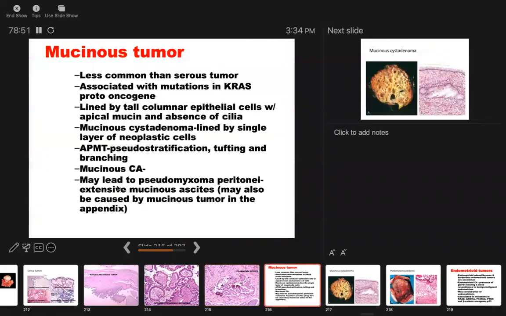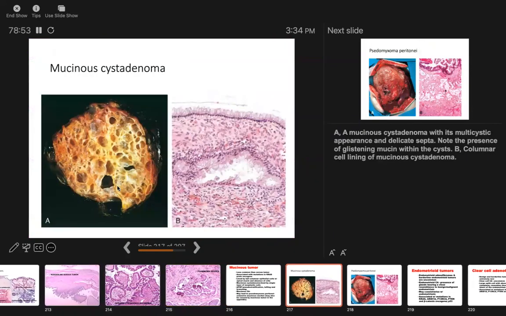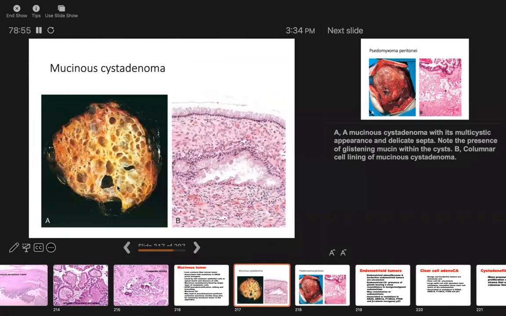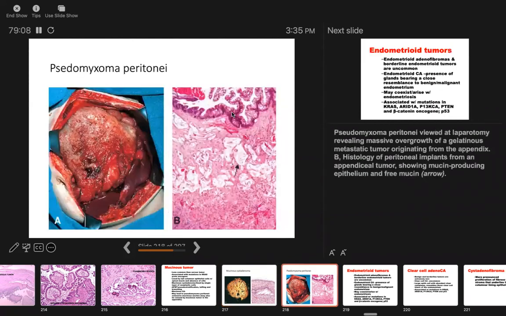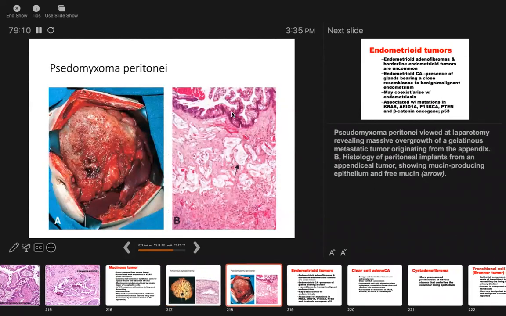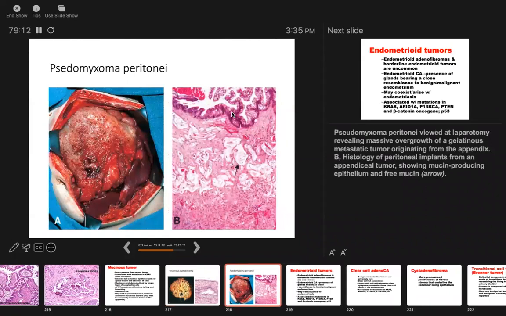Okay, let's talk about mucinous. For mucinous cystadenoma, it goes the same: benign, borderline, or malignant. So this is an example of benign single-layer lining columnar epithelium with mucin secretion. What is important with mucinous tumors is to remember that they classically will present with pseudomyxoma peritonei.